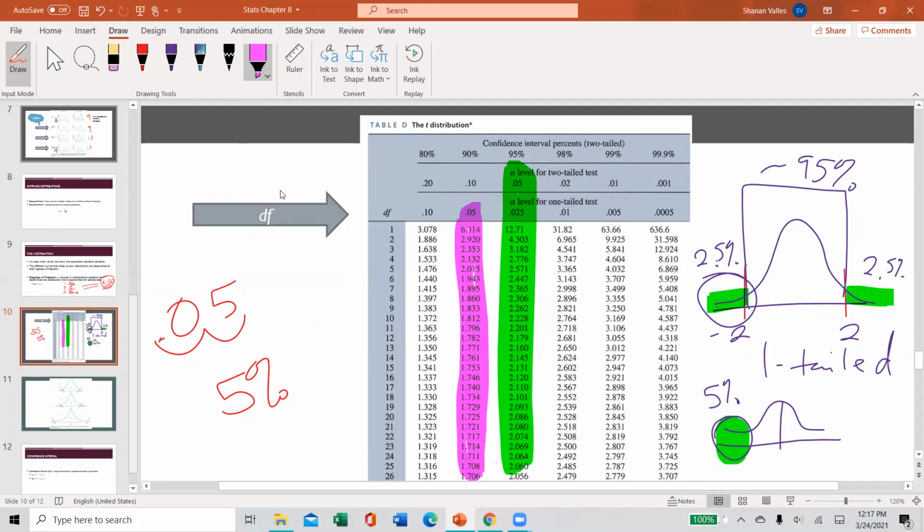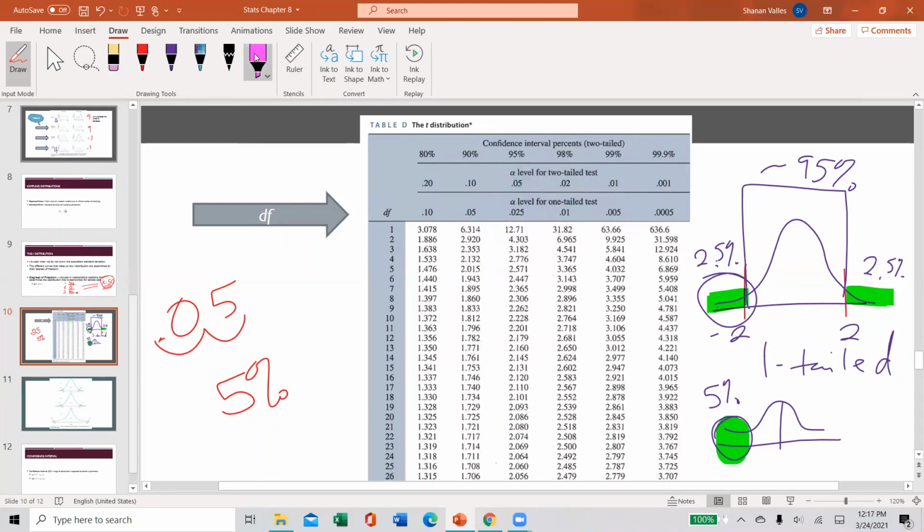Do we see that? Do we see the difference there? Yes. Kind of, sort of? Okay. Just at least just looking at where the columns are, right? This one is 0.05. Oops, that didn't work. Oh no, now I erased it all. Oh well. Okay, so we got the 0.05 for a two-tailed and the 0.05 for a one-tailed.